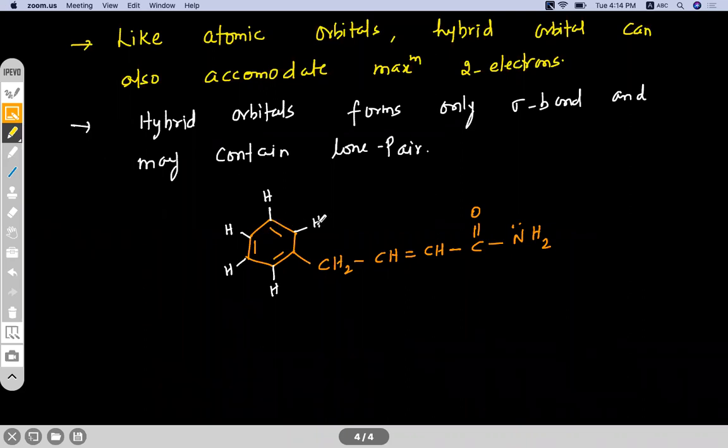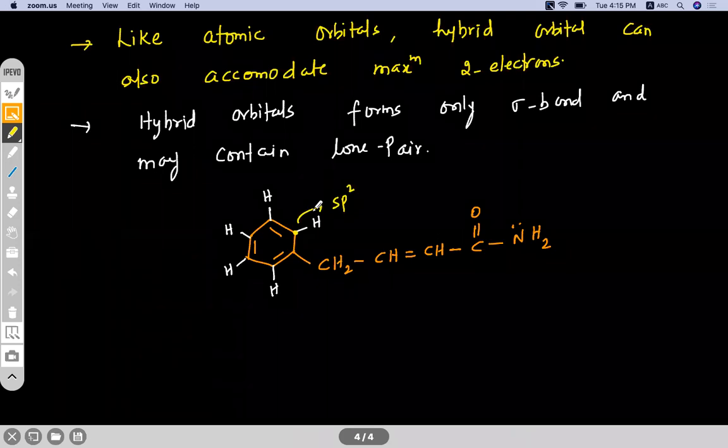This one we have done, right? How many sigma bonds does this carbon atom have? 3 sigma bonds. Do we have any lone pair on the carbon atom? No, right? That's why this carbon is sp2 hybridized, because it has 3 sigma bonds. Have we done this kind of question in organic chemistry?